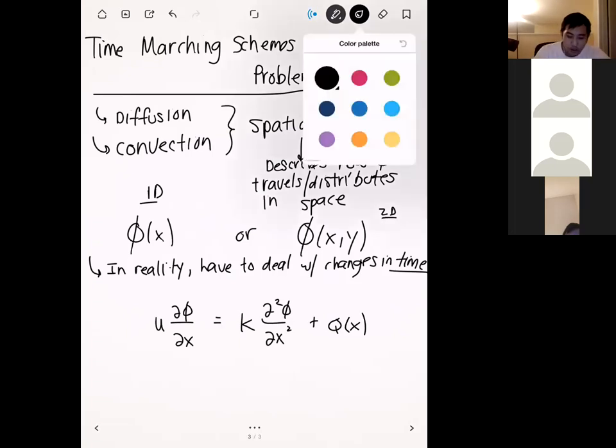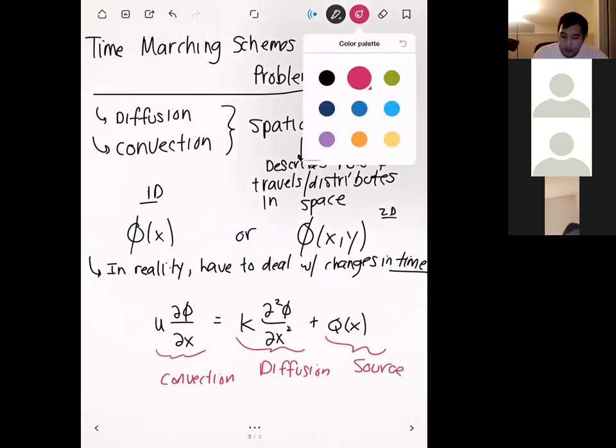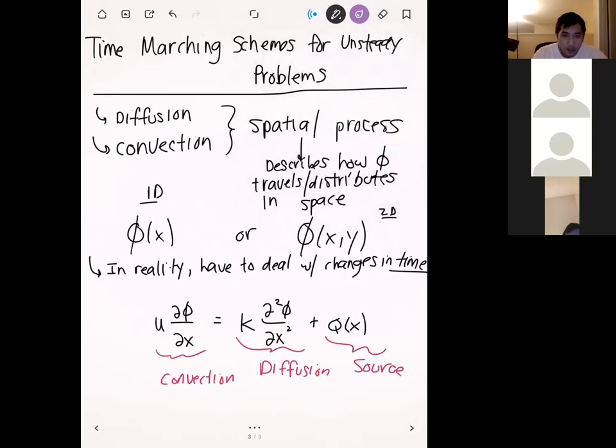And so first we have the convection term. Next we have diffusion. And then finally we have our source, right? Right. And so at this point, we know how to solve these in 1D, okay? But in order to tackle unsteady problems, we need to add the final member of this team right here.